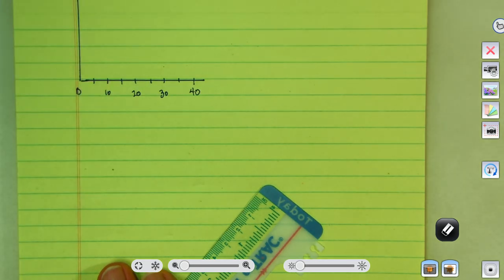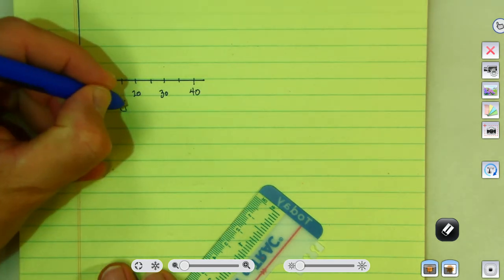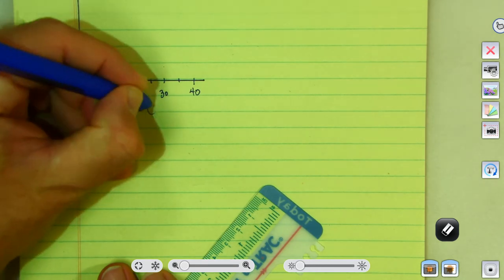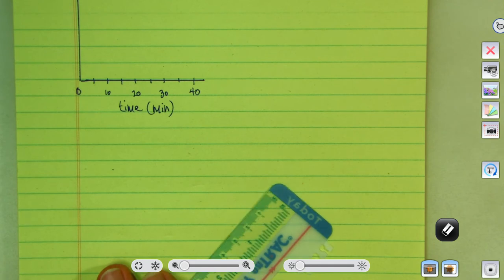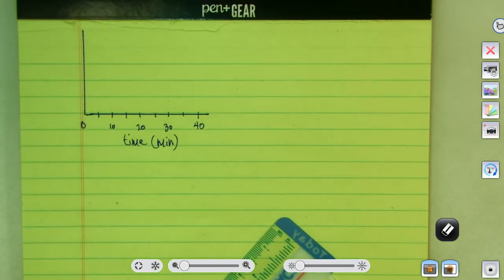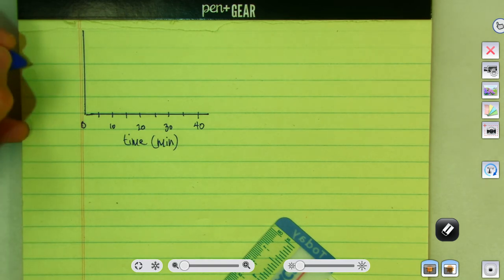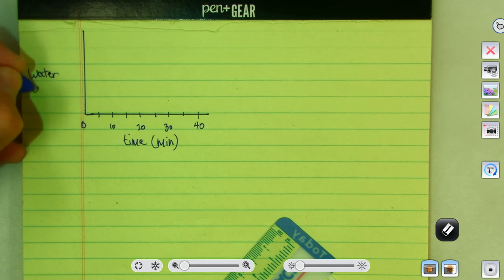Okay, so this represents the time in minutes. And my x-axis typically does. It doesn't have to always, but we might not be talking about time. And my y value is going to represent the water in quarts.